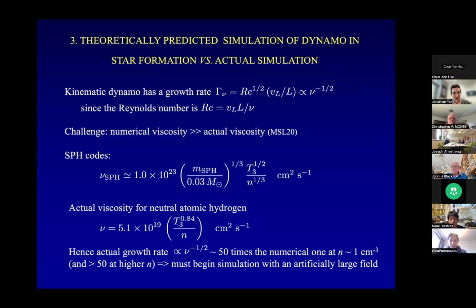And in the interest of time, I did not write the grid-based formula, but it's also very challenging there as well. I guess AMR wouldn't particularly help. Yeah, the formula I wrote gives you the result for the finest level of AMR.